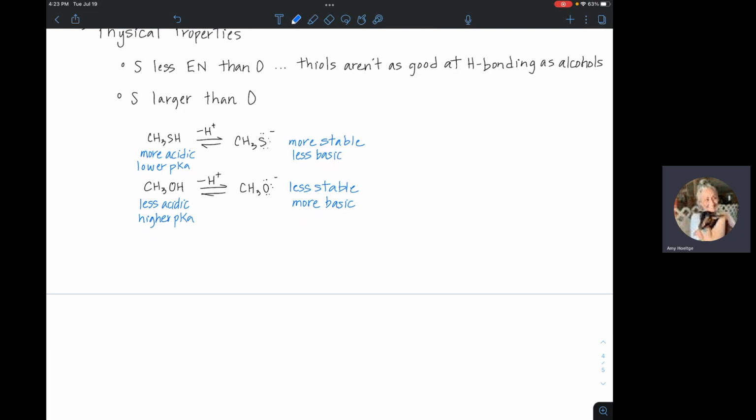Another thing to note, a little odd, is that even though the thiolate ion is going to be a weaker base than the methoxide ion, the larger thiolate ion is going to be less well solvated, remember, worse hydrogen bonding.